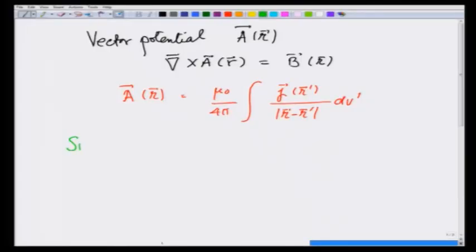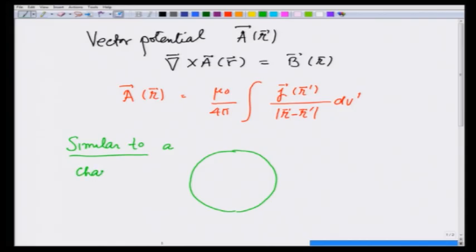In this lecture, I want to take one particular example that is similar to the example of a charged sphere or charged shell. I will take this vertical axis to be the z axis, with the surface charge density sigma of theta being equal to sigma naught cosine of theta.